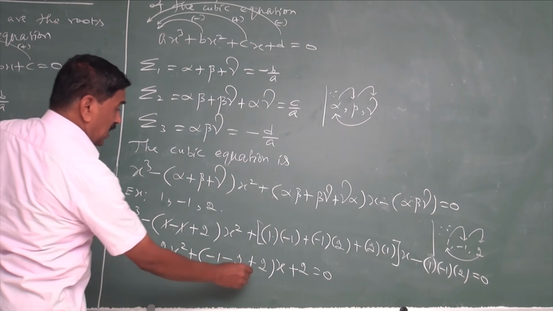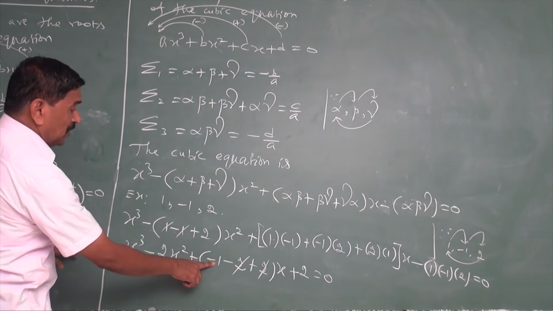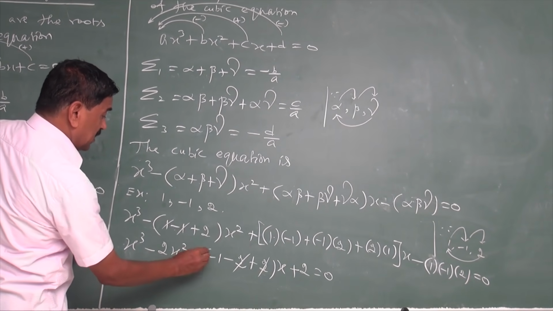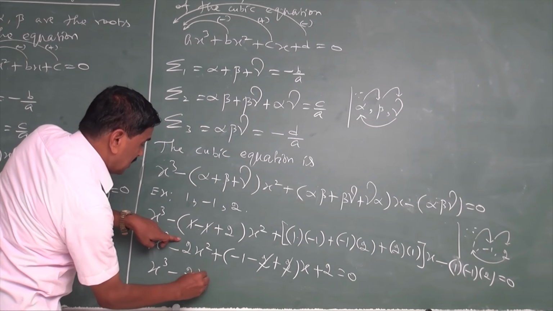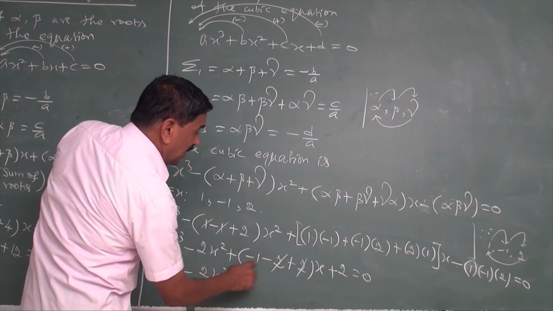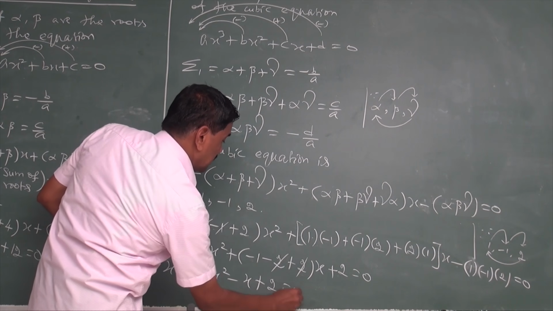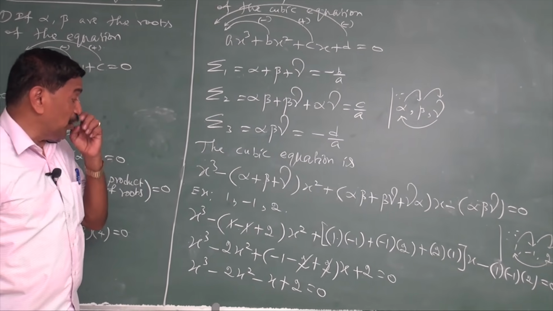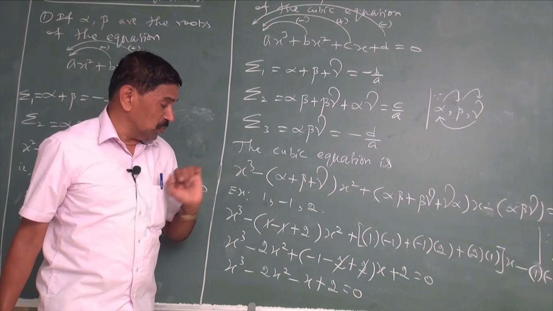Here plus 2 minus 2 cancel, remaining minus 1, so your required answer is x cube minus 2x square minus x plus 2 equal to 0, which is the required cubic equation whose roots are 1, minus 1 and 2.